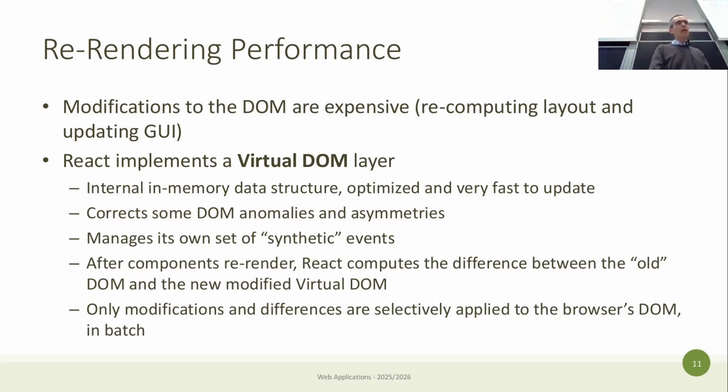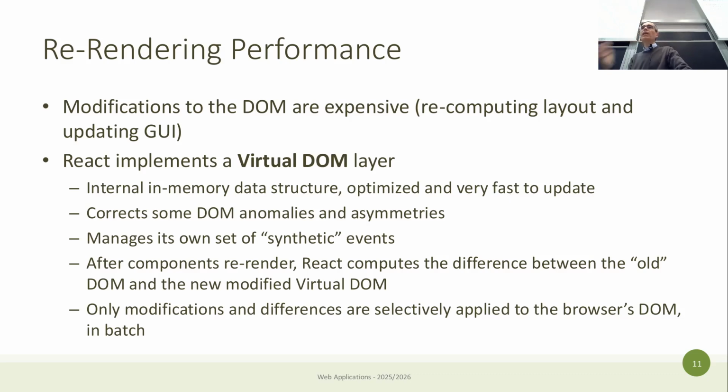Okay? And so the idea of React is that it has another structure that basically mirrors this DOM that is inside the browser, and it is called the virtual DOM. It's just an internal in-memory data structure, optimized, very fast to update, and completely maintained by the React library.